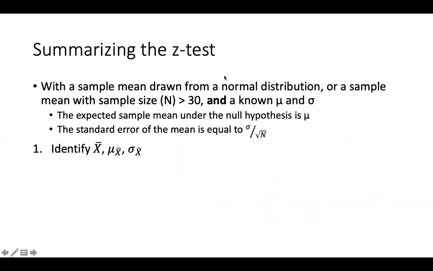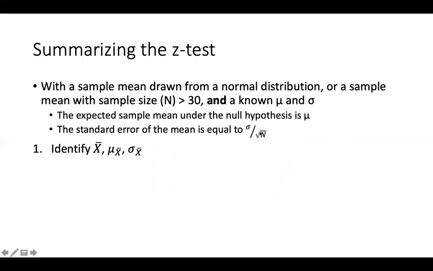Additionally, these are the assumptions of the test. We don't want to forget about those, but all our examples are going to meet them. The null hypothesis is that an expected sample mean is just equal to the population mean for a single sample z-test.